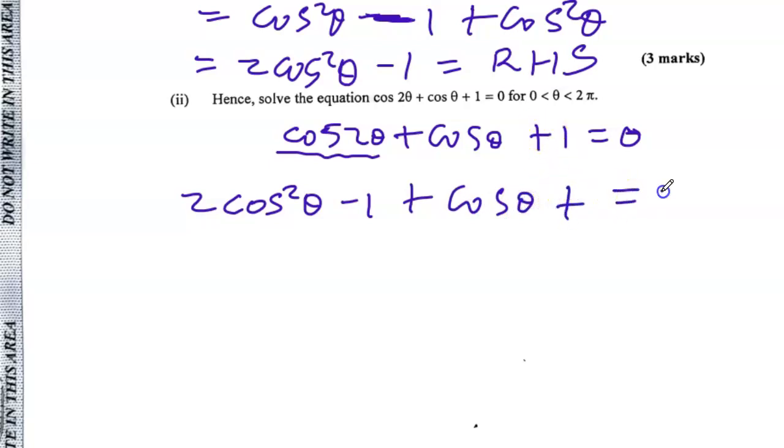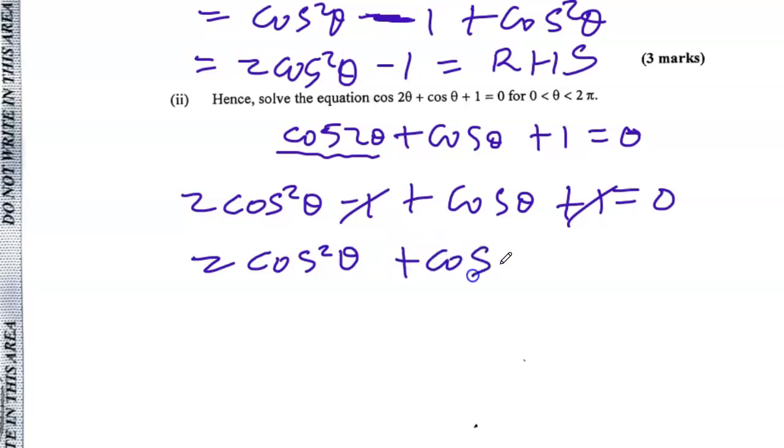So all we did in the first step here is rewrite cos 2 theta as 2 cos square theta minus 1. Now minus 1 cancels positive 1 there, giving us 0, so we end up with just 2 cos square theta plus cos theta is equal to 0.